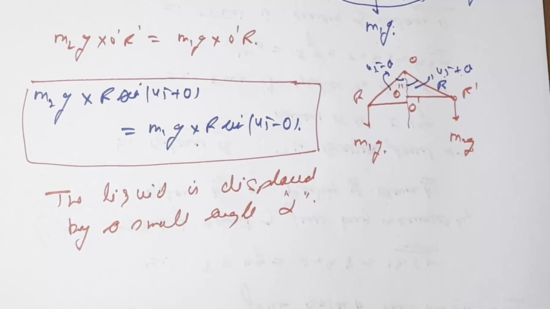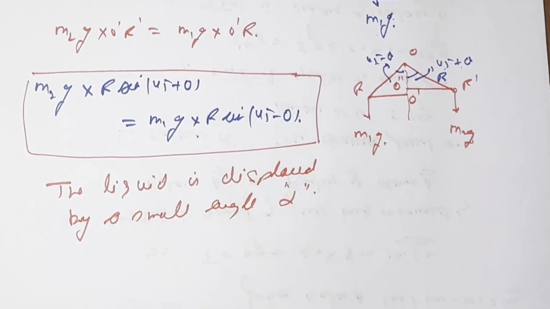So now, as the liquid has been displaced from the equilibrium position, there will be a net torque between the two liquids.